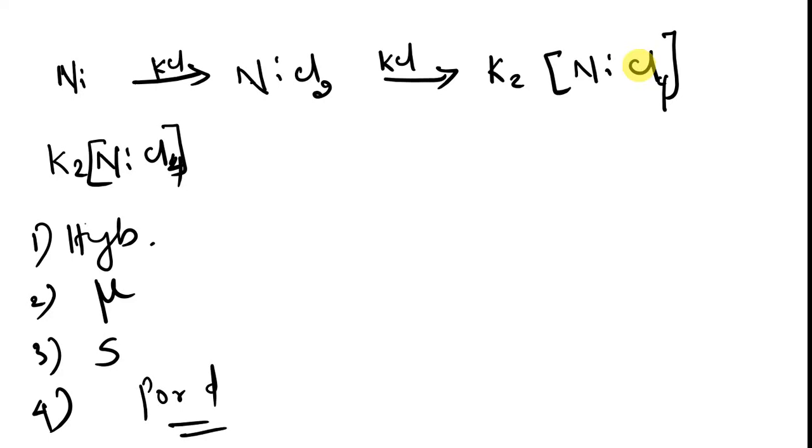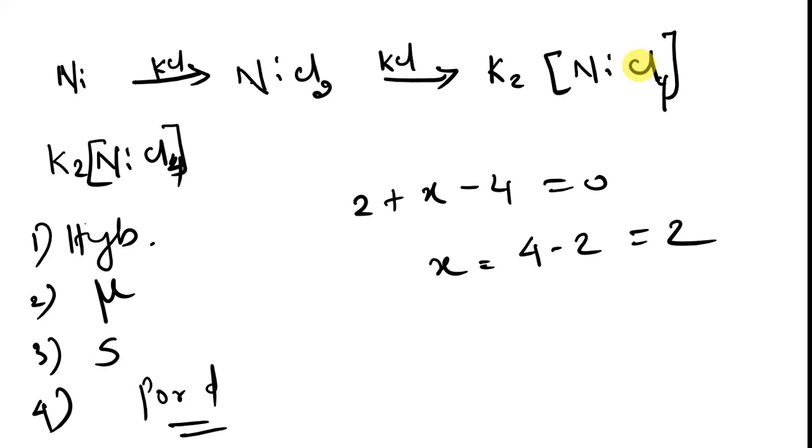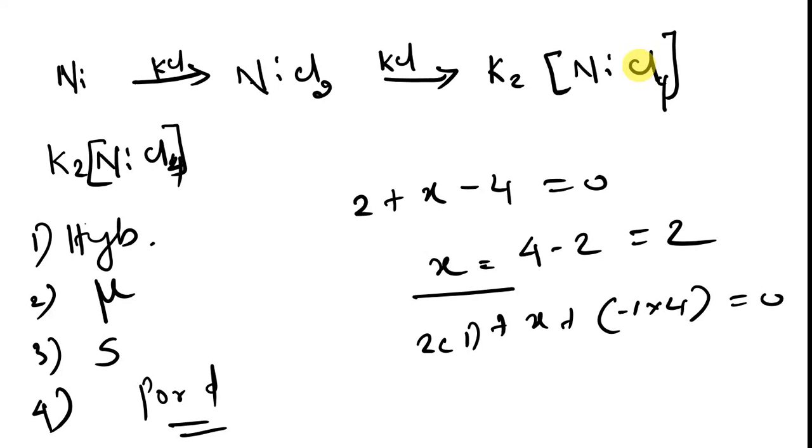Hybridization. Here, what is the oxidation state of Ni? Oxidation state of Ni: 2 into 1 plus x plus minus 1 into 4 is equal to 0.